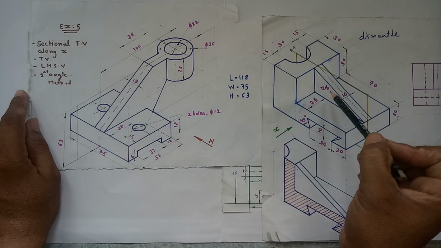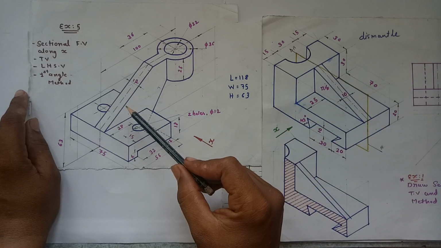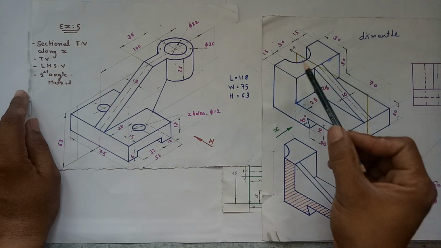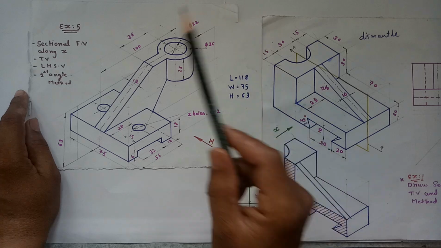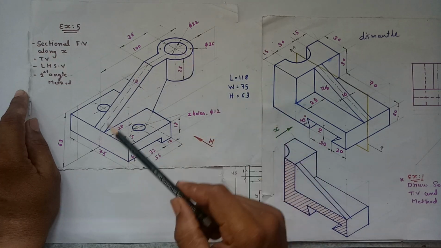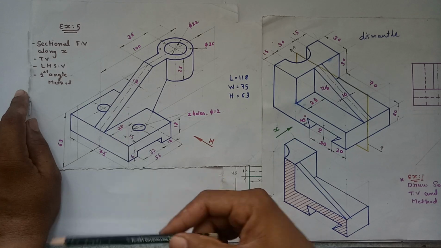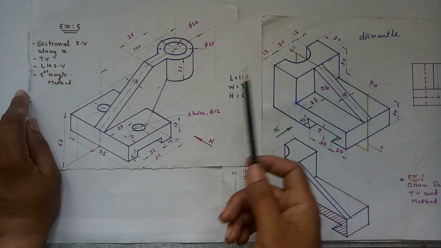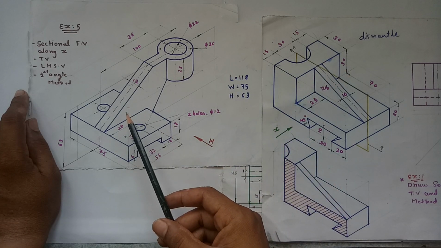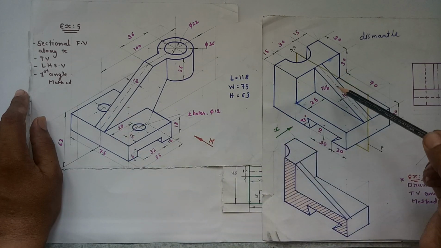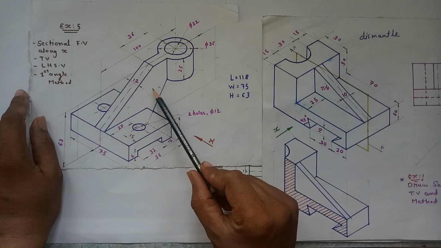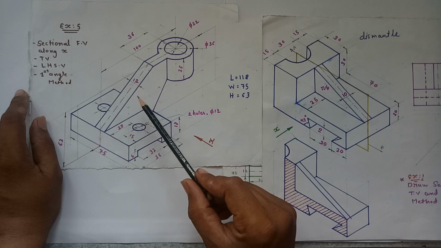And what is the difference between a rib and the joining part? If we remove the rib, it doesn't dismantle the parts of the object, but if we remove the joining part, it will dismantle the parts of the object. Another difference, while drawing the views in the sectional orthographic, is that in the rib we do not show the hatching outlines, but in the joining part we will show the hatching outlines.